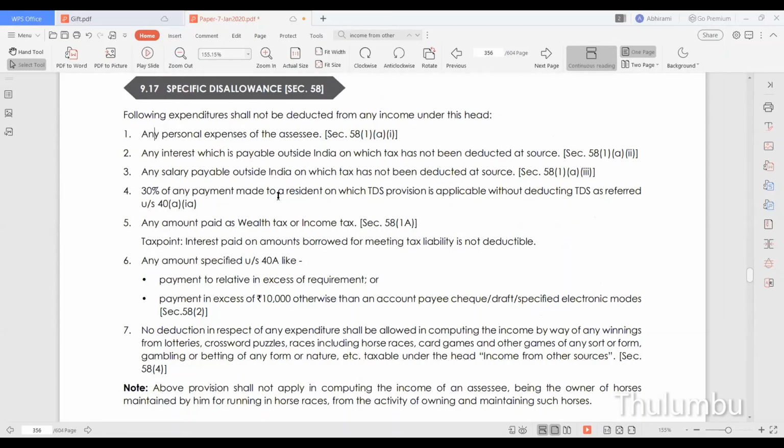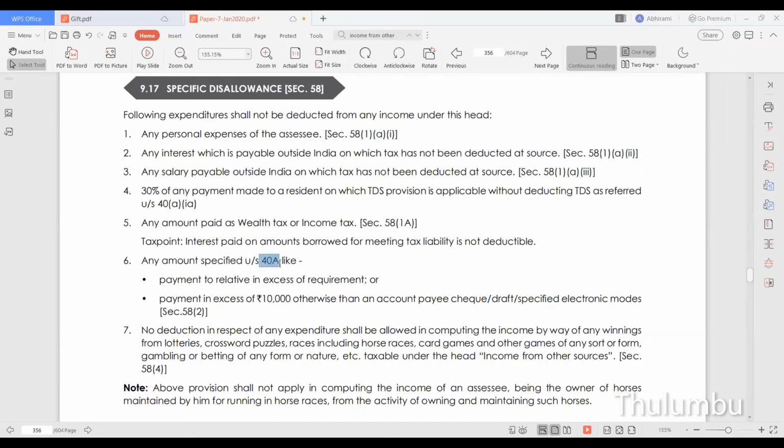30% of any payment made to a resident, this is section 40A(ia). If I pay within India to a resident and do not deduct TDS where I should have, I cannot show it as an expense. Tax amounts, wealth tax and income tax cannot be allowed as deduction.